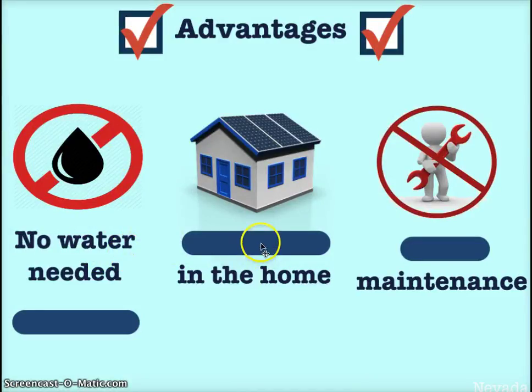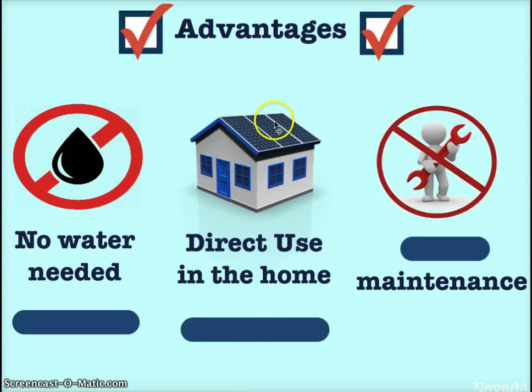I mean, no water. It can be used directly in your home, so you could apply solar panels to your house. That's an advantage to solar, wind, biomass. So a lot of them, and I might have not mentioned them in all of them, but I want you to think of that. When you could use it directly in your home, it's definitely a positive thing. But for the production of electricity, not just heating.